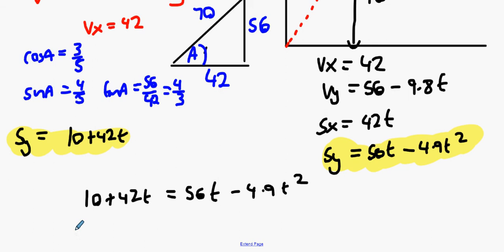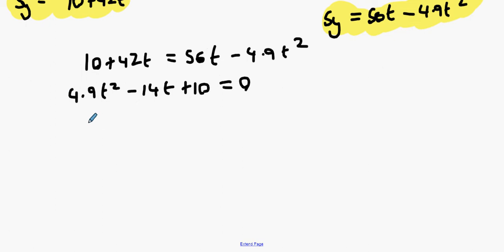Move everything over to the other side, we get 4.9t squared minus 14t plus 10. Don't like decimals, so we're going to do 49t squared minus 140t plus 100. It appears we're going to have to do the minus b for this.